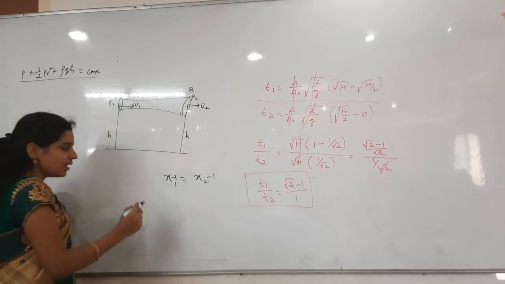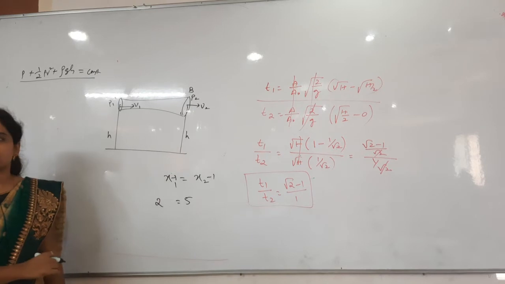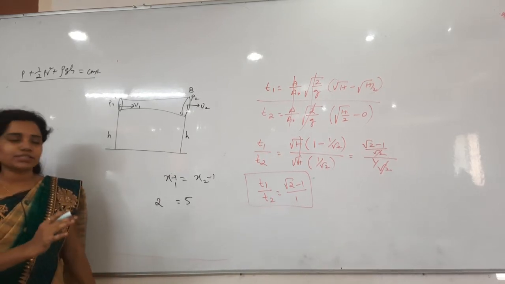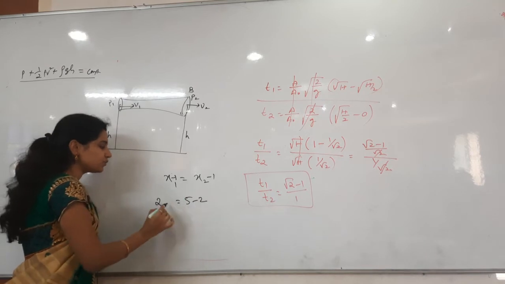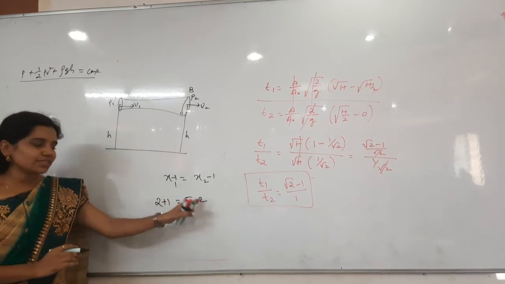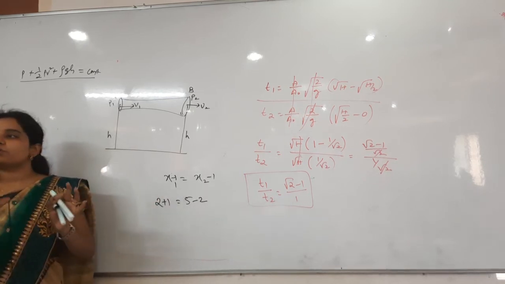Clear? For example, I want to make 2 equal to 5. Then what can I do here? Instead of 5 minus 3, what I will do? Nothing but 5 minus 2, 2 plus 1. I am removing some value here and adding some value here, but always I want to make them constant.